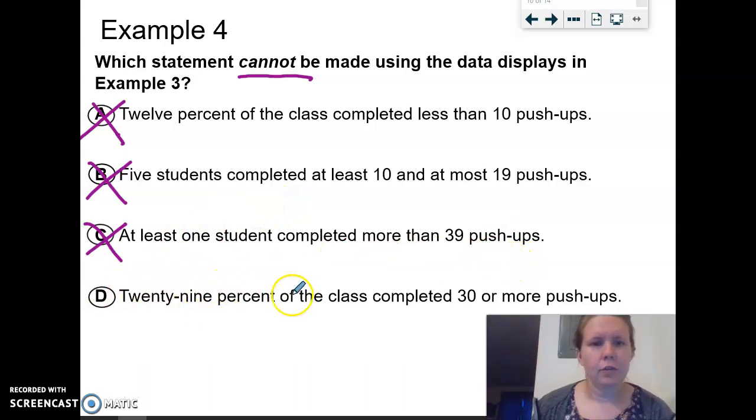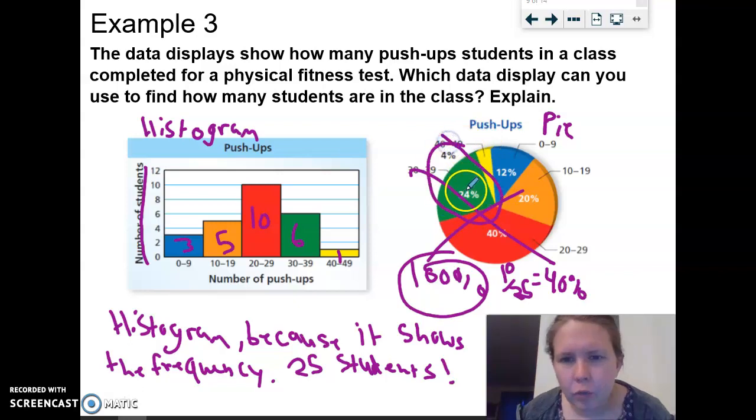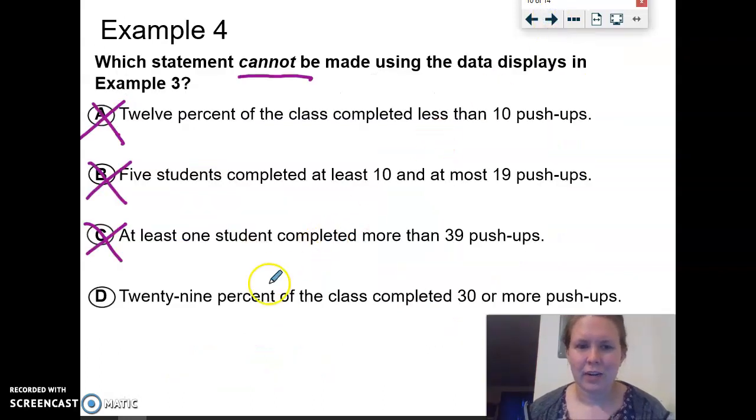Let's see. 29% of the class completed 30 or more push-ups. 30 or more is going to be this green as well as this yellow. So that's going to be, looks like 24 and 4%. So 24 plus 4 is 28. 29% of the class, not the same. So our answer that cannot be made using this data display would be D.